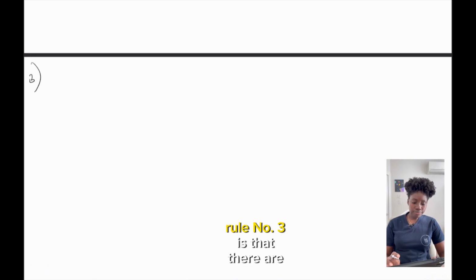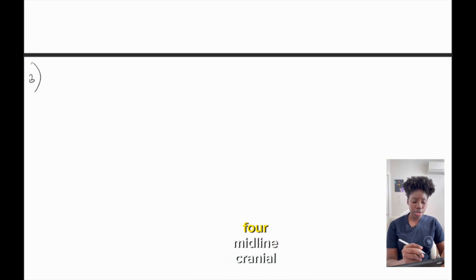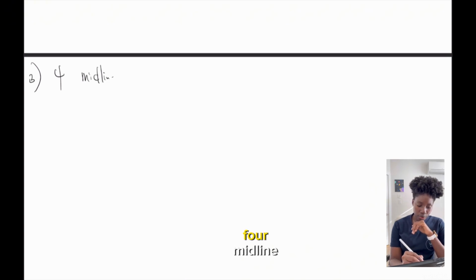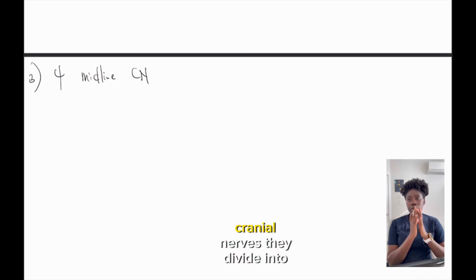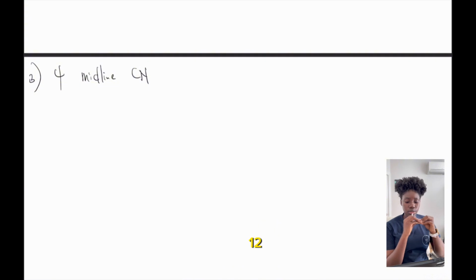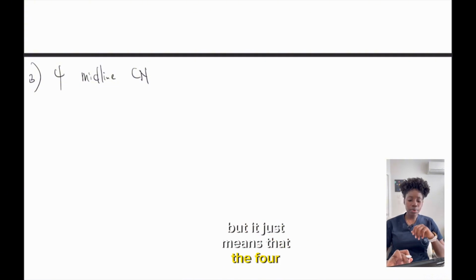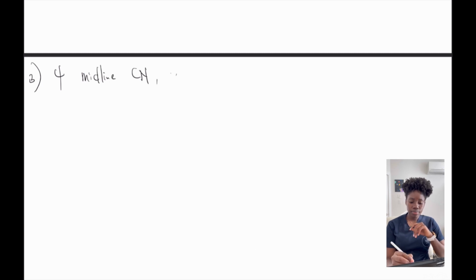Rule number 3 is that there are 4 midline cranial nerves. And these 4 midline cranial nerves divide into 12. So basically, it's a bit of maths, but it just means that the 4 medial cranial nerves divide into 12.